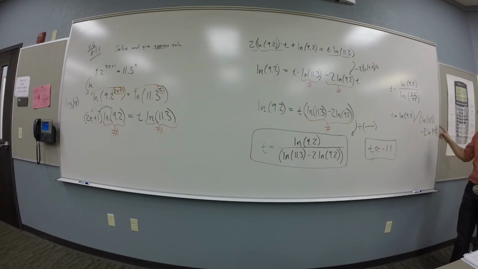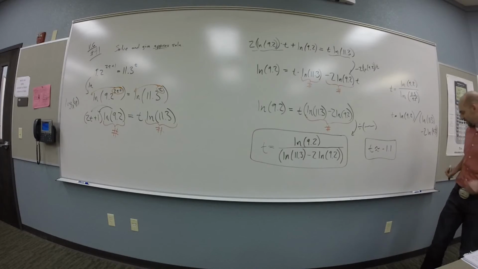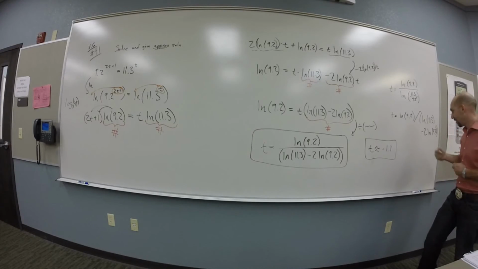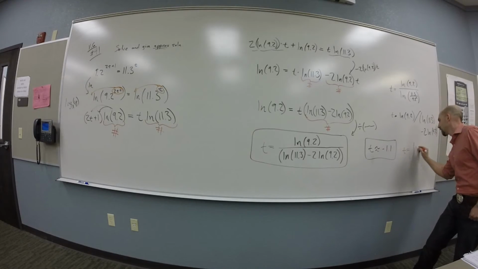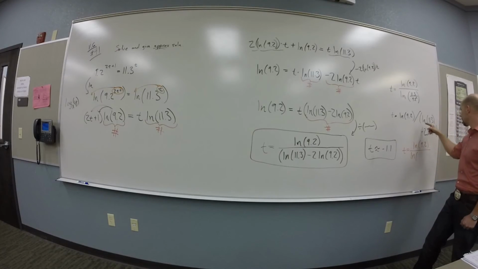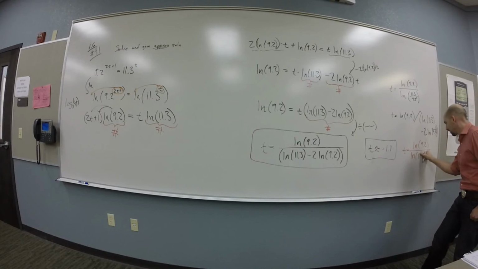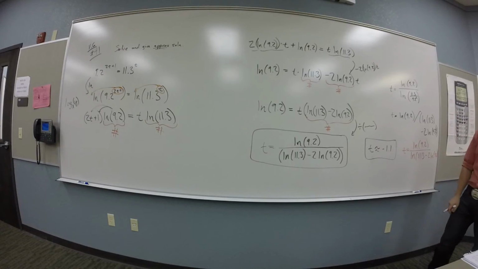If you forget to close that parenthesis, it'll give you the answer for t is log of 9.2 divided by log of this whole thing, 11.3 minus 2 log of 9.2. You guys see that? If you forget to close that parenthesis, it's logging everything that comes after it. So that'll be wrong.